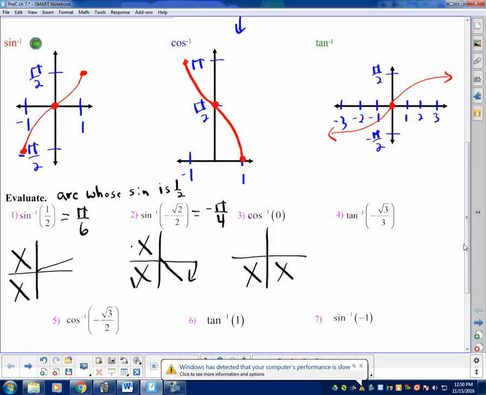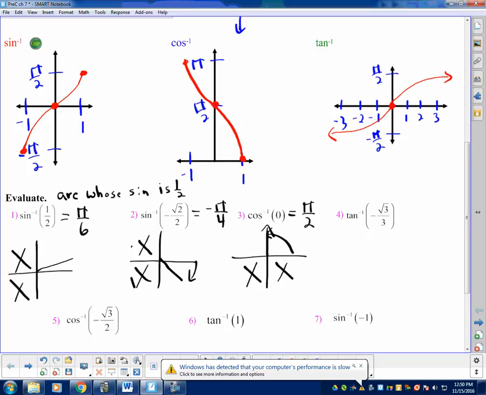How'd you get it so fast? Because what am I thinking about here? X's, yes. And so I'm looking for an x coordinate of 0, and so that's how you did it so quickly. It's right at pi/2. So my picture would look like this. I would just draw a ray going up here, and that is pi over 2.